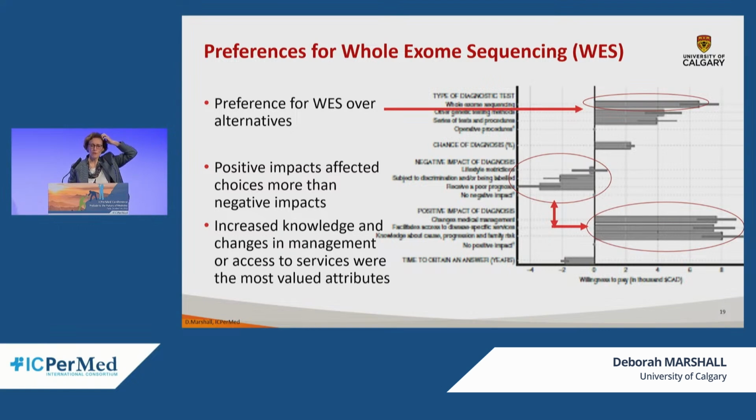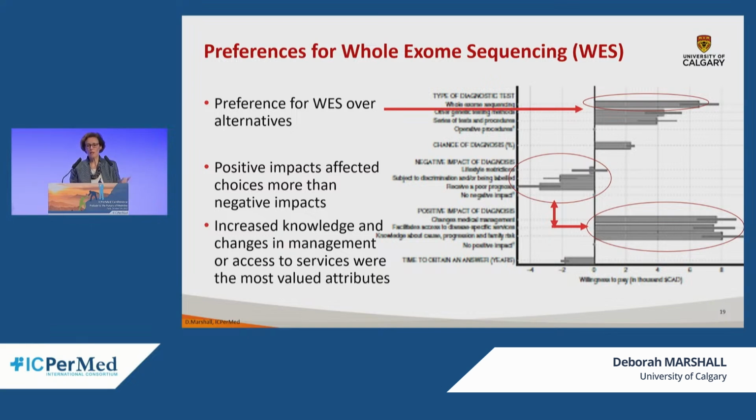Then the other attributes shown here are time to get a diagnosis, and positive impacts, things like being able to access social programs because of the test results once you get a diagnosis. And then there are negative impacts, where your child might be labeled or bullied or seen differently, etc.